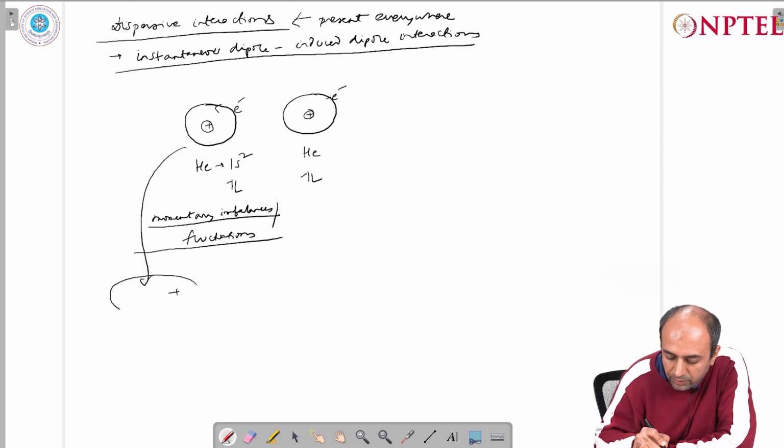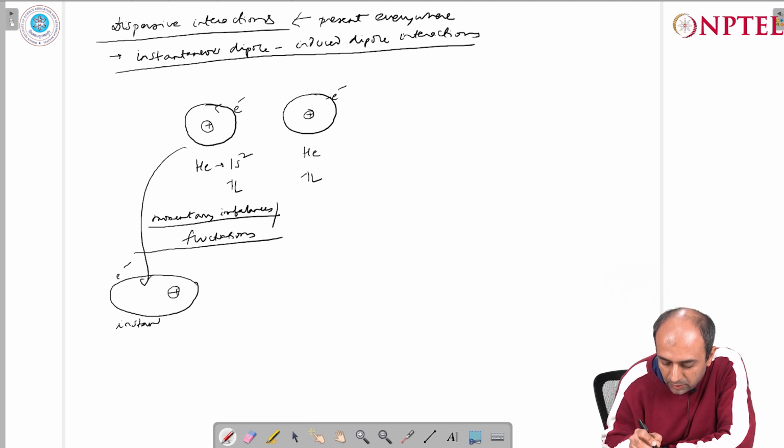you can have this kind of a picture where the electron is farther away and this is the nucleus. So, this kind of creates an instantaneous dipole.